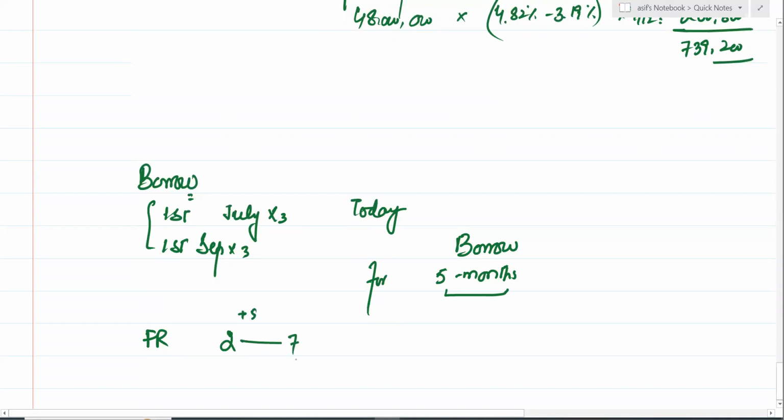When will the borrowing end? 7 months. 2 dash 7. Let's say it is 4.5%. The borrowing amount is 20 million.